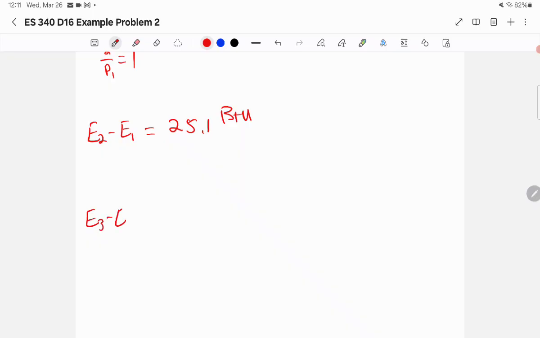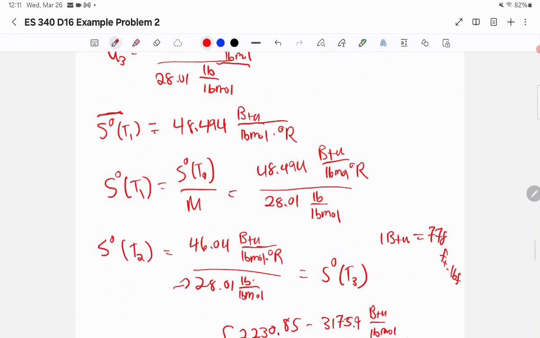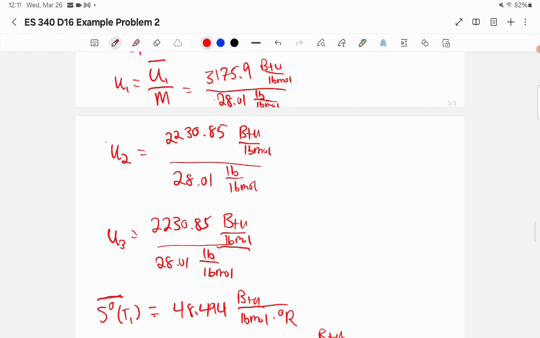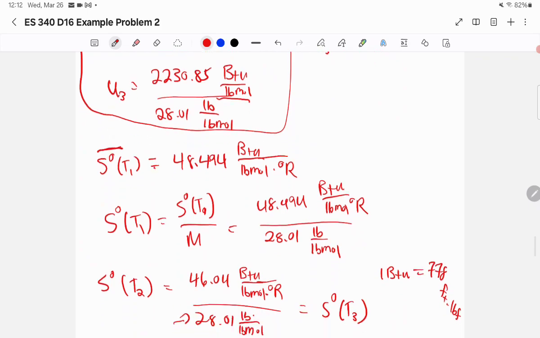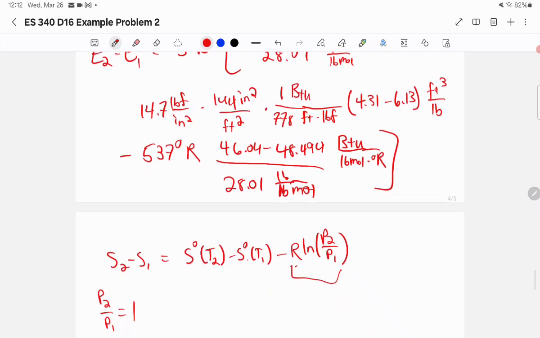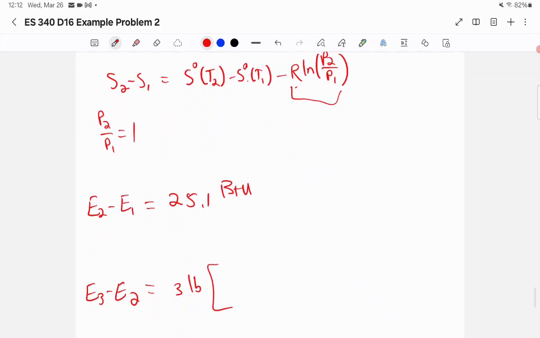E3 minus E2, well, of course I'd pull out the mass again, 3 pounds, times, well, remember that we said U3 and U2 are equal to each other? So that means that U3 minus U2 is equal to 0. So I don't need to include that term. That term obviously is going to fall out.